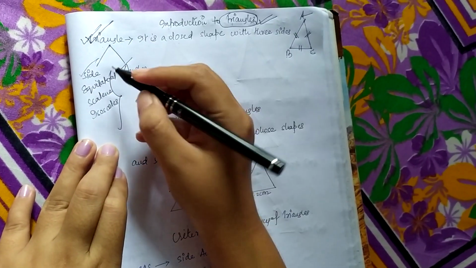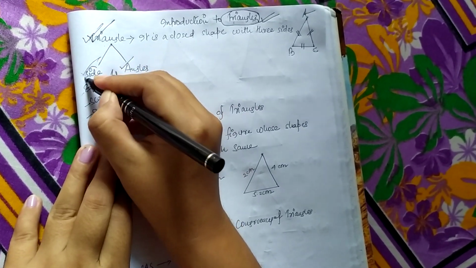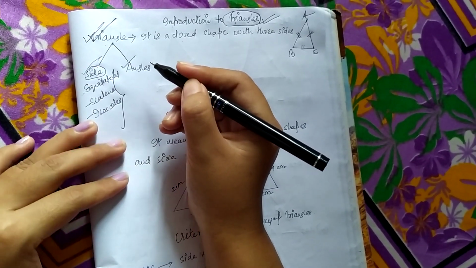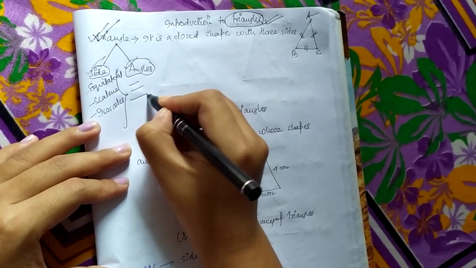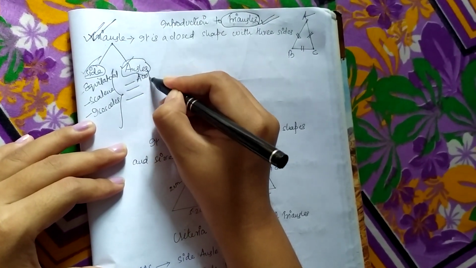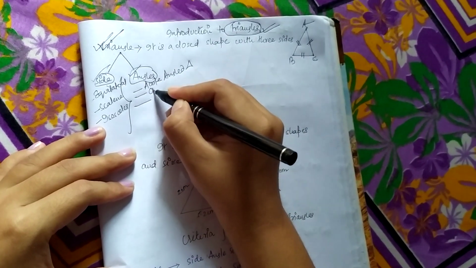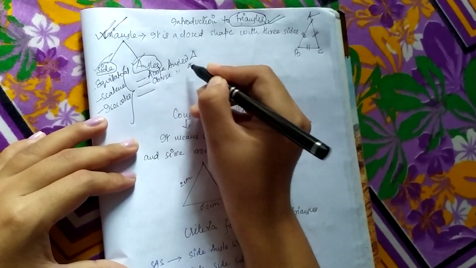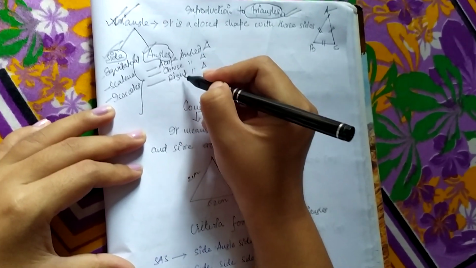And depending on its angles, it also has three classifications: acute angled triangle, obtuse angled triangle, and right angled triangle.